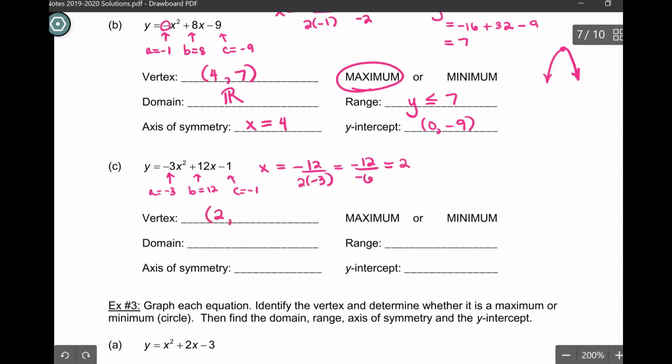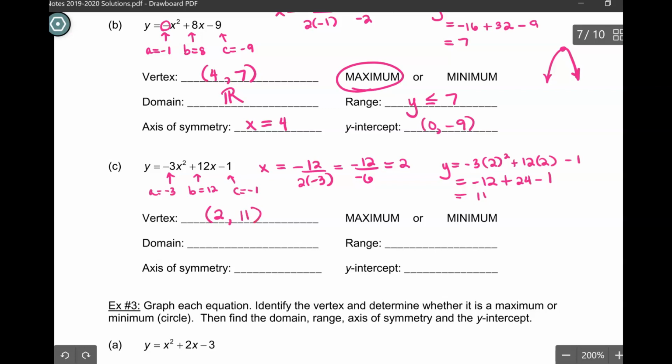So that's the x coordinate. The y coordinate, I have negative 3 times 2 squared plus 12 times 2 minus 1. So I have negative 3 times 4, which will make that negative 12 plus 24 minus 1. So that'll be 12 minus 1, so 11.